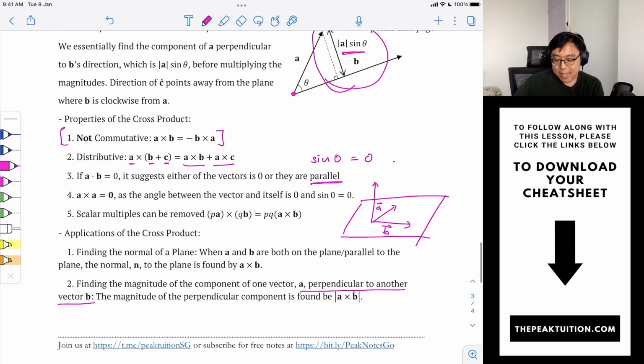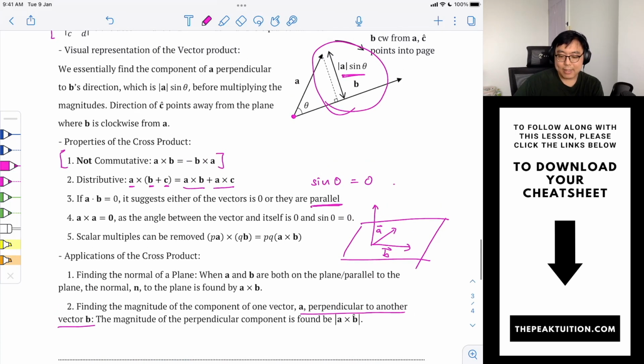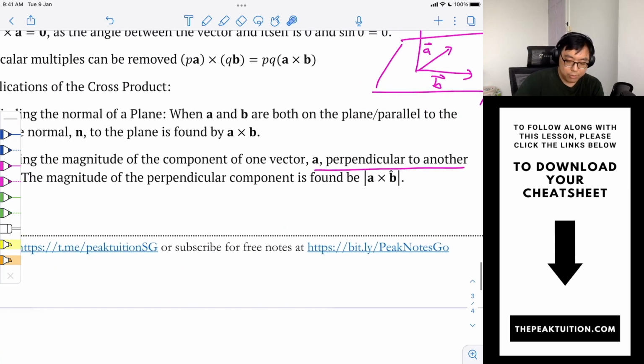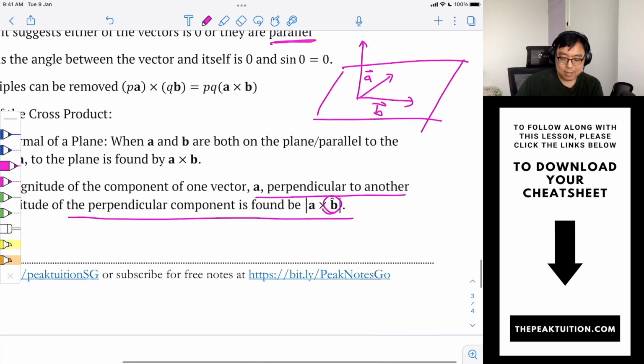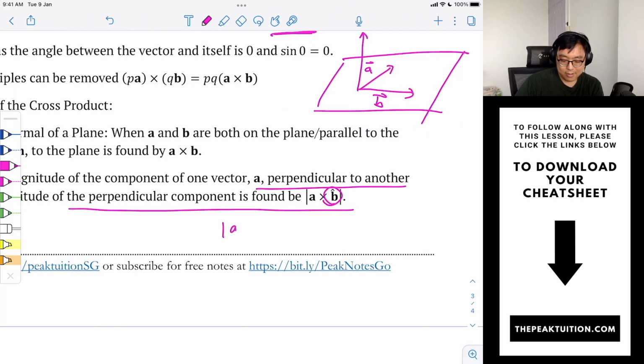So at the end of the day, when we try to find this perpendicular length here, we need to remove the vector form because the perpendicular length is not a vector. So that's why we say that the magnitude of the perpendicular line is found to be the magnitude of A cross B hat. Remember you need the hat. Okay, let's just write this out.